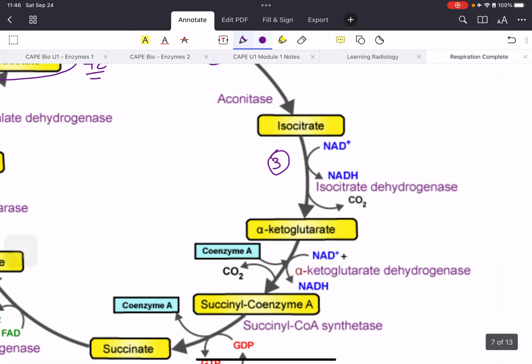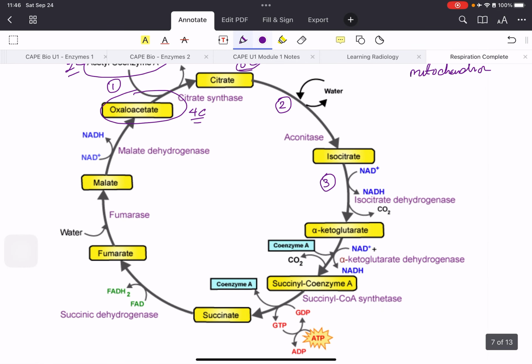Nothing too big there. So the isocitrate, we say it's dehydrogenated and decarboxylated, and that forms alpha ketoglutarate, this one down here. Now, whenever something is dehydrogenated and decarboxylated, it loses carbon dioxide.